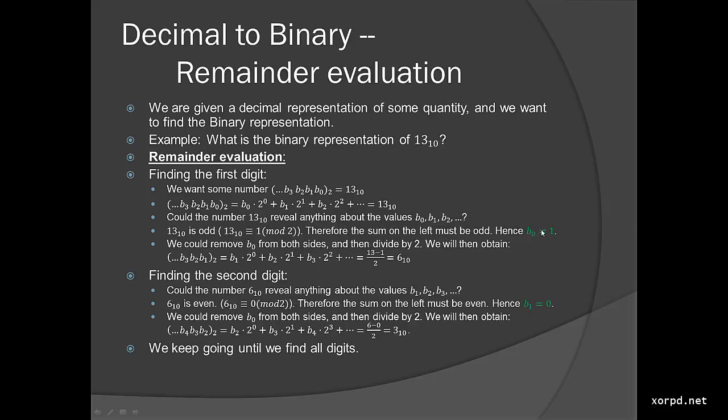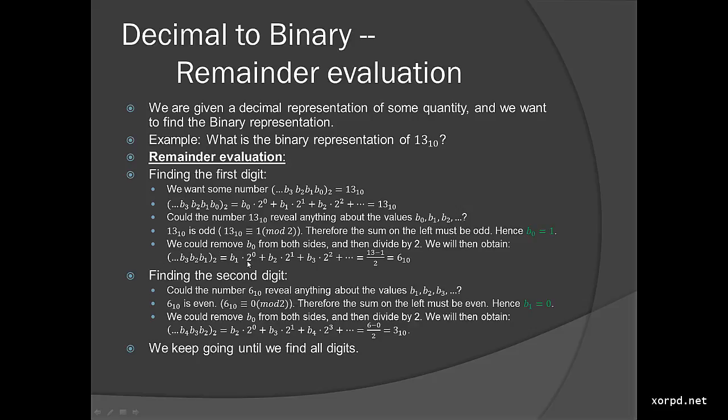After we concluded this, we want to move on to the next level. So we could remove b0 from both sides and then divide by 2. We remove it from this side and from this side. We are going to obtain this new equation, which will look something like this. First of all, the number is going to be the same except for this digit, b0, which will disappear, and we have this new number.